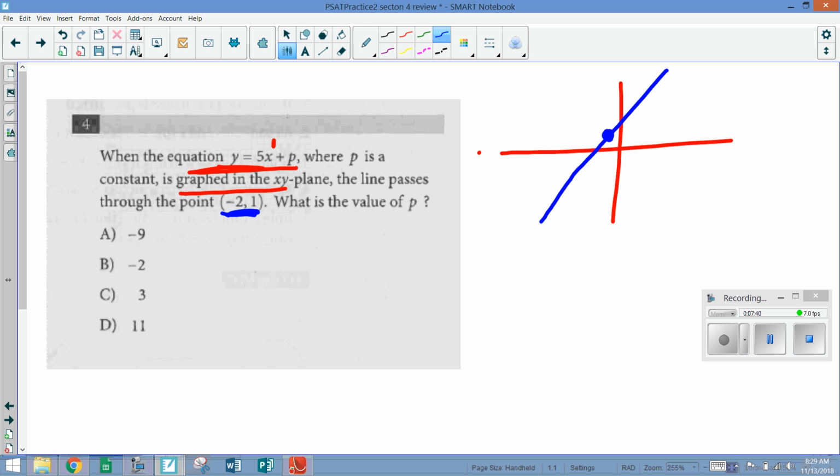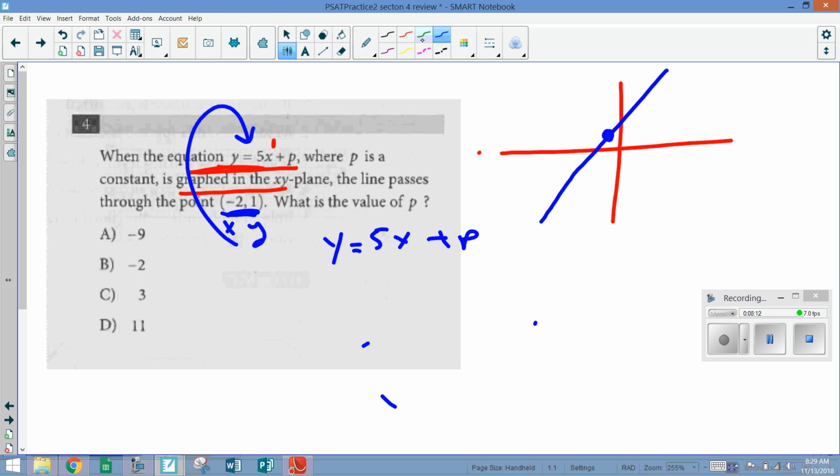If a point is on the line, that means those numbers have to satisfy the equation. So x and y. When I write down the equation, y is equal to 5x plus p, these x and y have to satisfy the equation. There are 3 variables and just one equation, so it's impossible unless I put the values in.